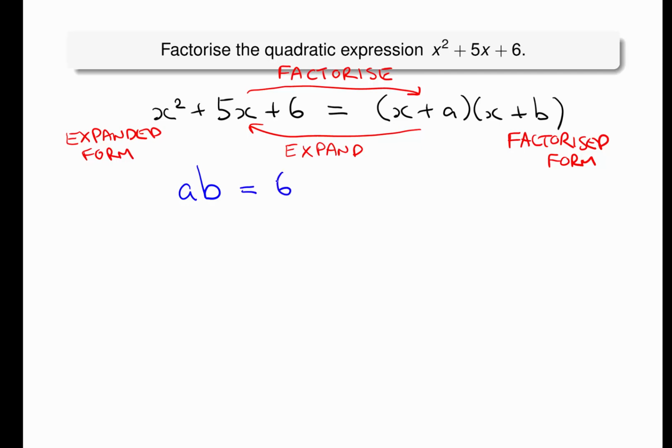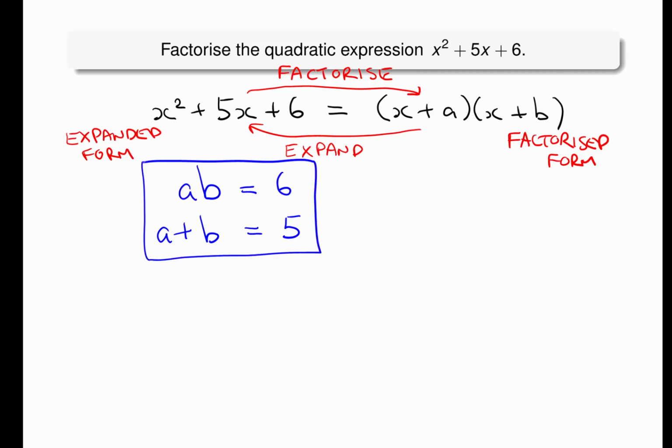And at the same time, when you add them together, you get the middle coefficient, 5. Solving this little puzzle is somewhat a process of trial and error, but you become quicker at it with more practice. Okay, so what are two numbers whose product is 6, but their sum is 5?